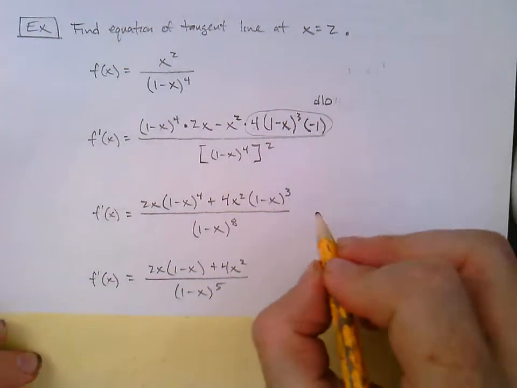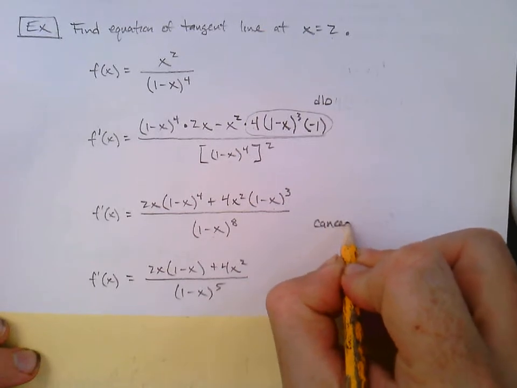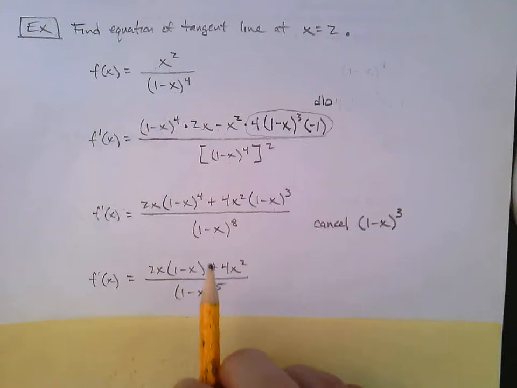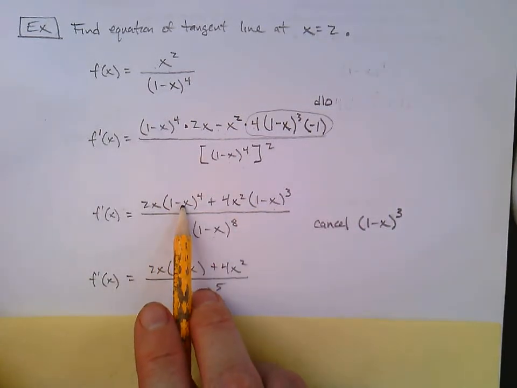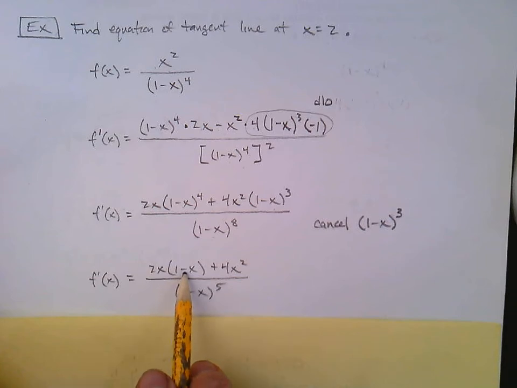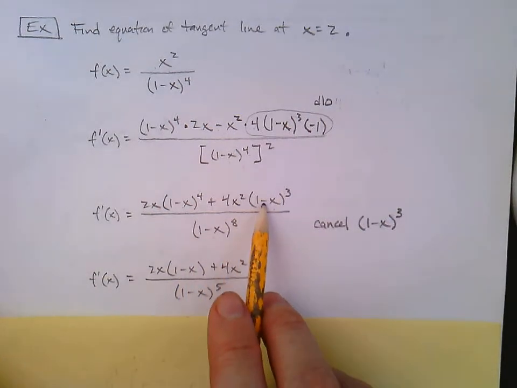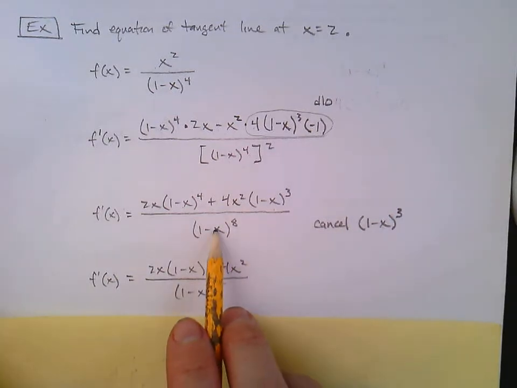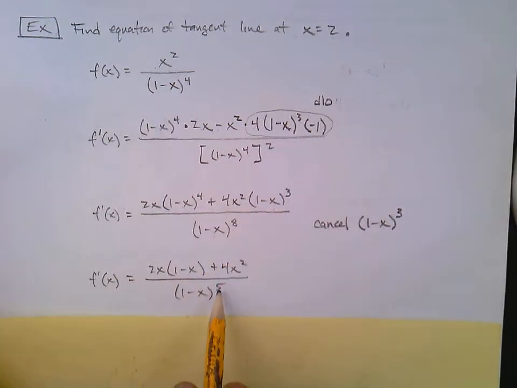And that's what we've done here. Let's cancel 1 minus x to the third, or you can even think of it as canceling it from each term. So canceling 1 minus x to the third here just leaves us 1 minus x to the first. Here, well, the whole thing drops away. And canceling 1 minus x to the third there would make the power drop to a 5. So this is a more simplified version.